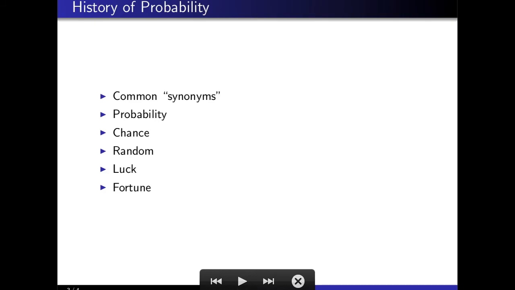But you could also think about chance in another way, as you have a chance, you have an opportunity, something like that. When we think about the word random, that maybe has the connotation of something more spontaneous, something chaotic.